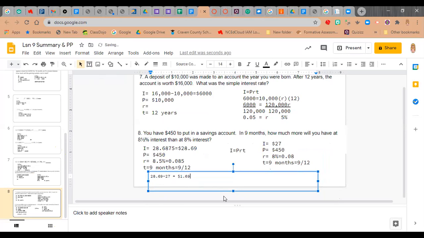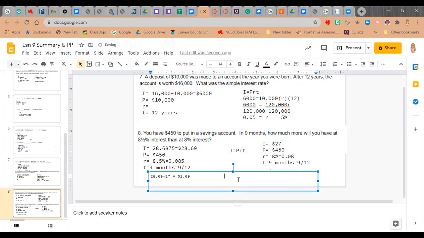We rich. Okay, now what I want you to take your calculator and do for me is 450 times 0.005 times 9/12. Can you say that again?